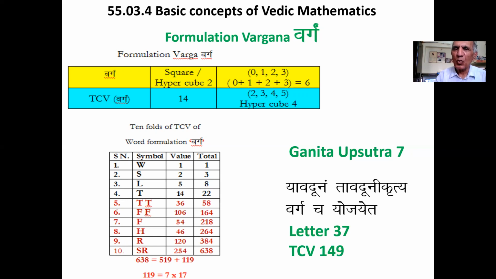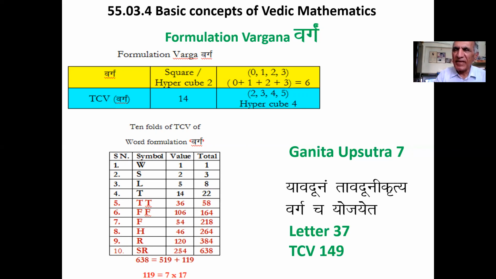Varg square is hypercube 2. It is the representative regular body of 2 space in 4 space. 2 space in 4 space is also the role of 2 space as a dimension of a 4 space.